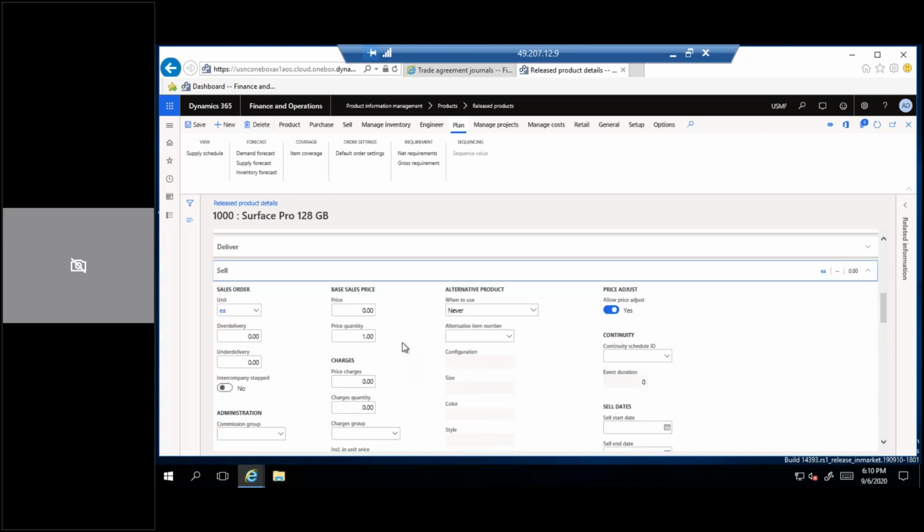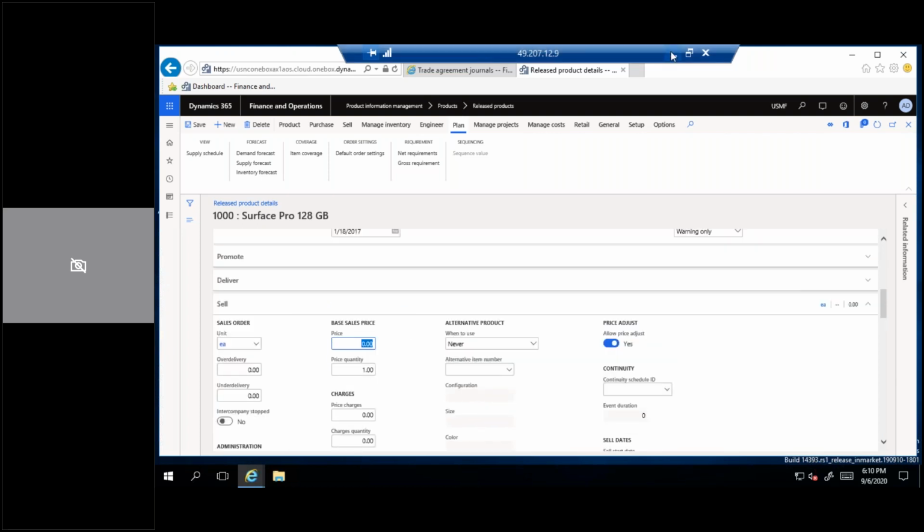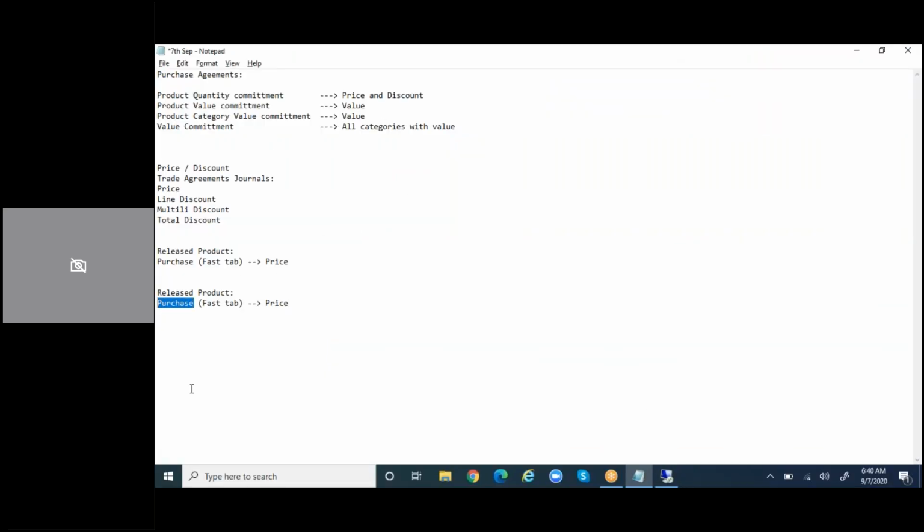In the sell fast tab, the sales price exists. If the price exists, it will capture. If it does not exist, then it will be blank. So the priority is like this. Understood? Clear?